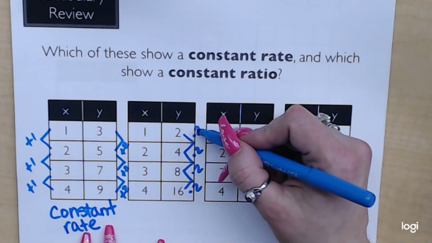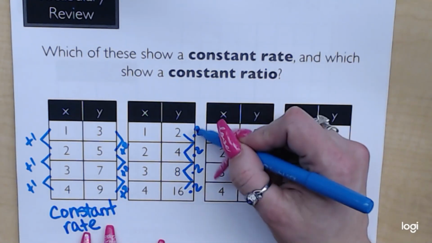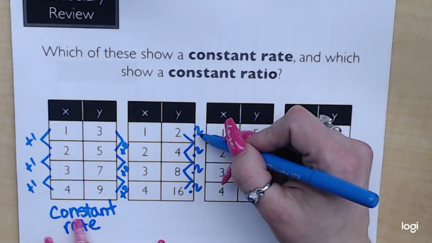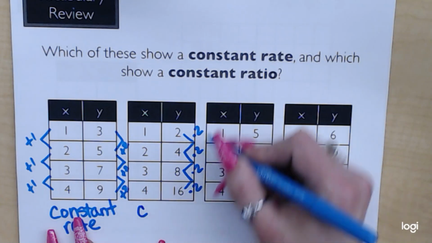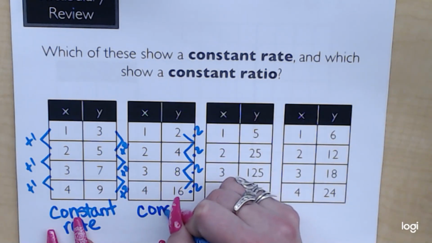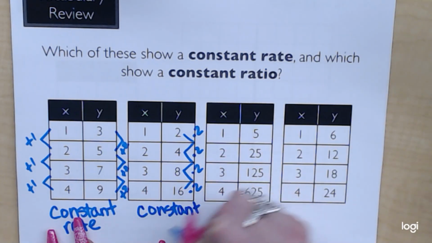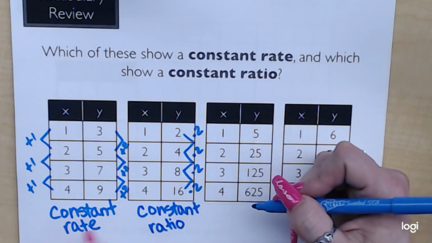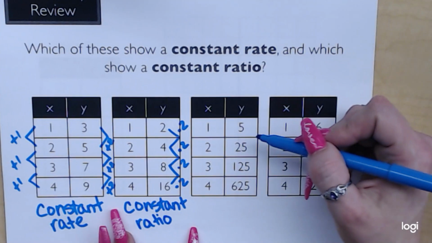When we have the pattern in the table and our y values are increasing multiplicatively by multiplication, that is called a constant ratio. Let's try this one.